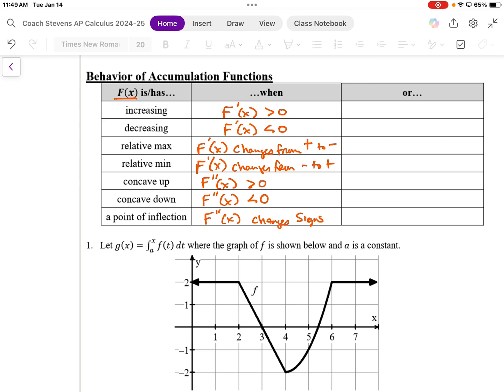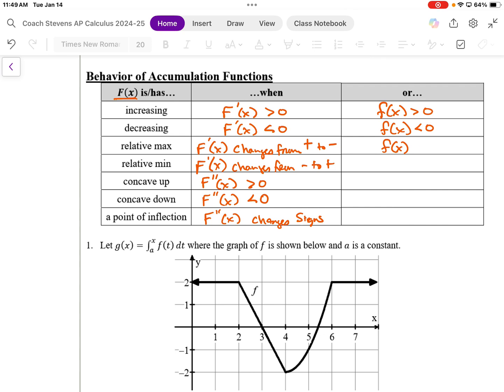Or we can say as follows. Little f of x is greater than 0. Little f of x is less than 0. And then again, we're just changing these back, because we know that the derivative of capital F is just little f of x, so we can replace those things with just f of x.